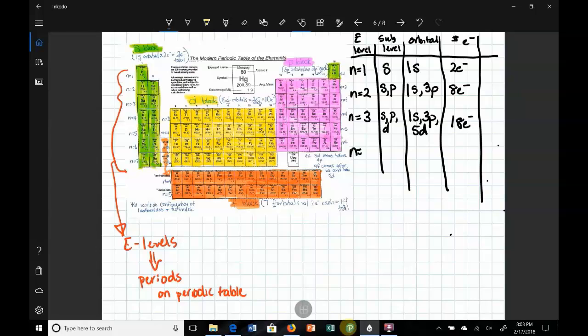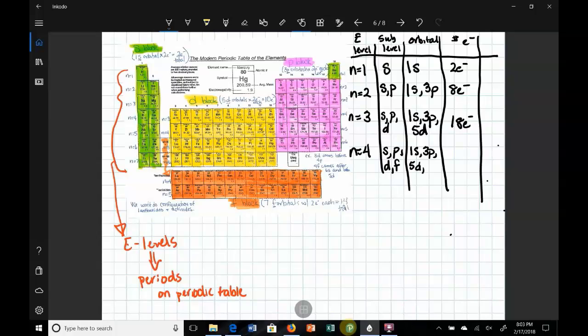If we move now to the fourth energy level, we've got an s sublevel, a p sublevel, a d sublevel, and an f sublevel. Within those sublevels, we've got one s orbital. In the p sublevel, we've got 3 p orbitals. In the d sublevel, we've got 5 d orbitals.